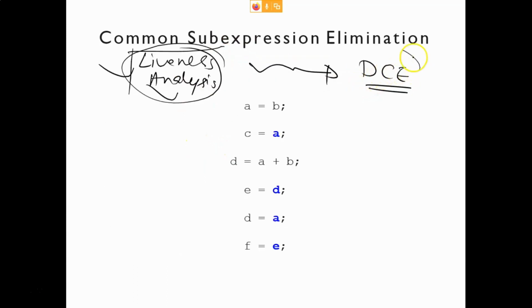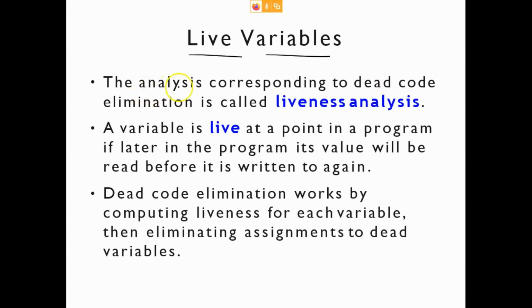To perform this optimization, to perform dead code elimination, what will we do? We will do something called liveness analysis. Let's see how to do it. First of all, what will this liveness analysis do? It is going to give us a set of live variables and a set of dead variables.